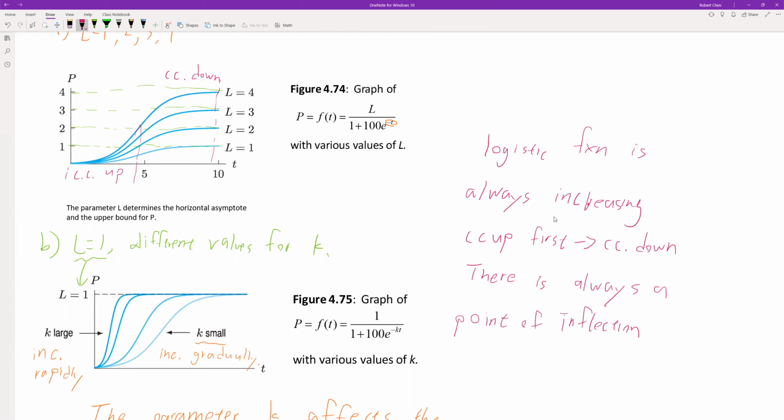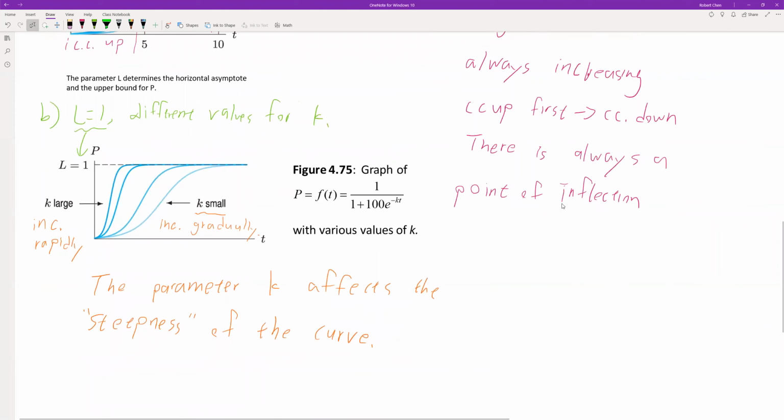Remember the definition of a point of inflection? That is the point where the graph changes concavity.